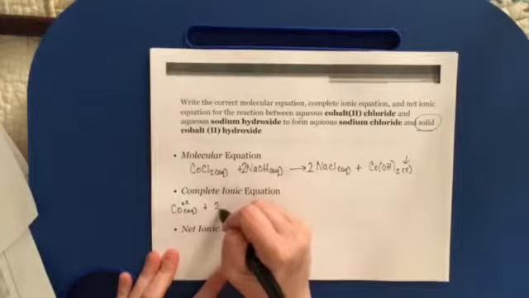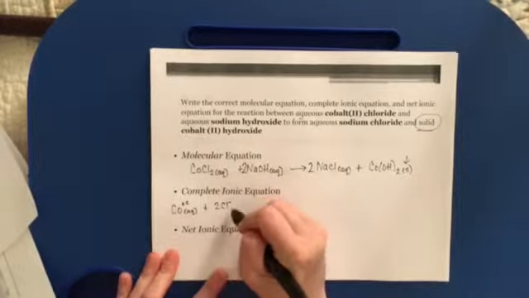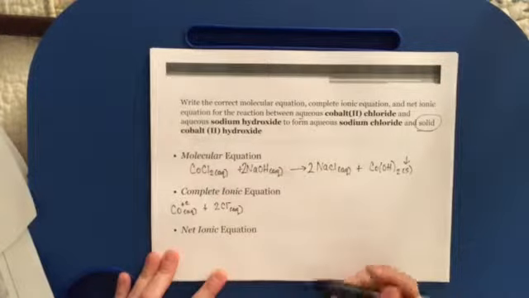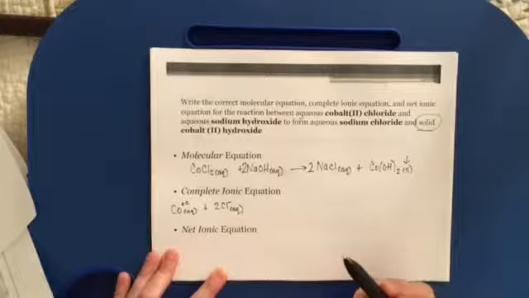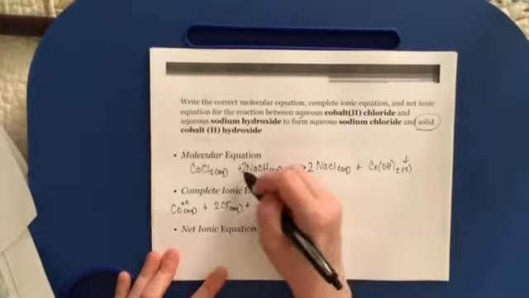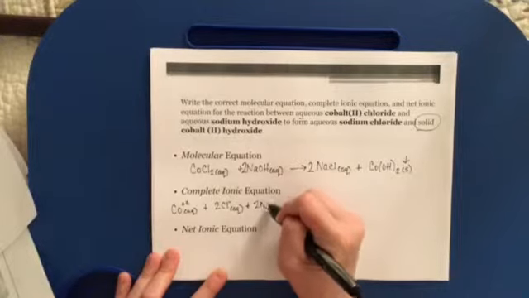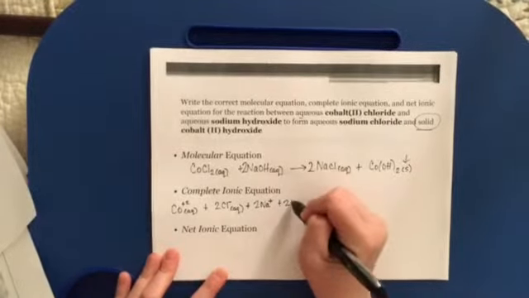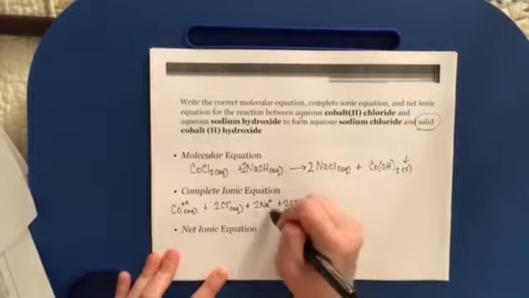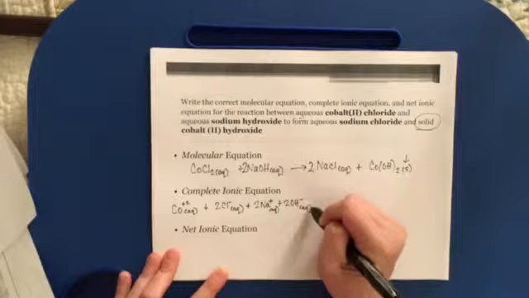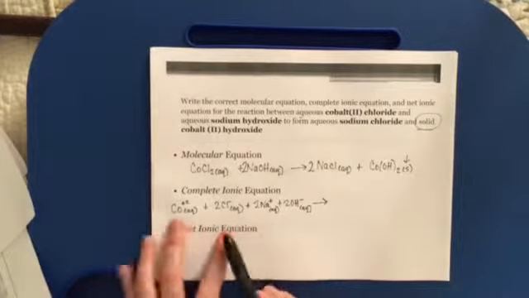I've got 2 chloride ions that are aqueous. So they don't exist as Cl2, they exist as 2 Cl- in solution. I've got 2 sodium ions and I've got 2 hydroxide ions. That's aqueous. That's aqueous.